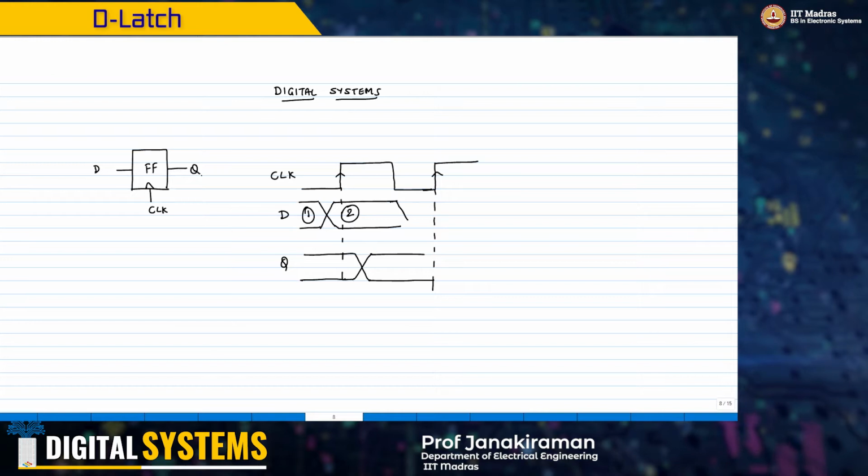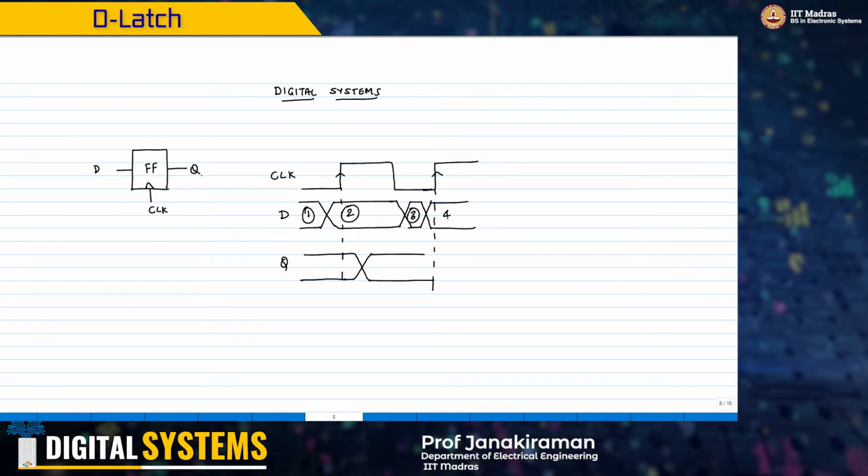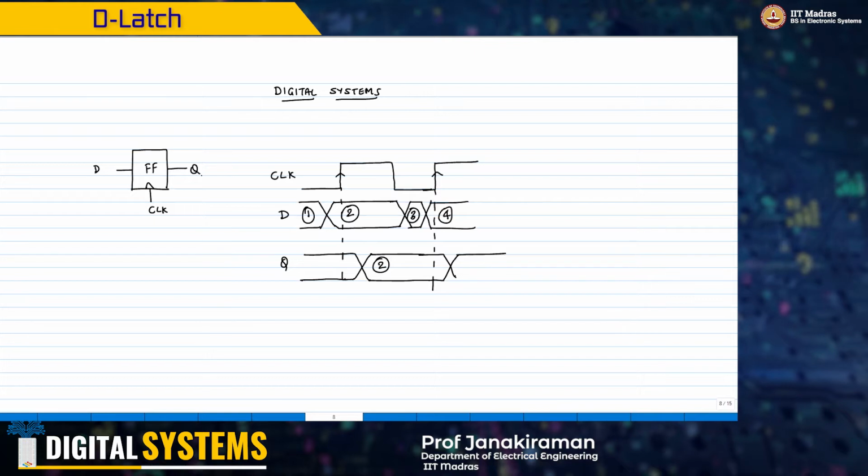So it does not matter if my D transitions to state 3 and 4. I want state 2 to be captured here and state 4 to be captured here. This is all I wanted, right?